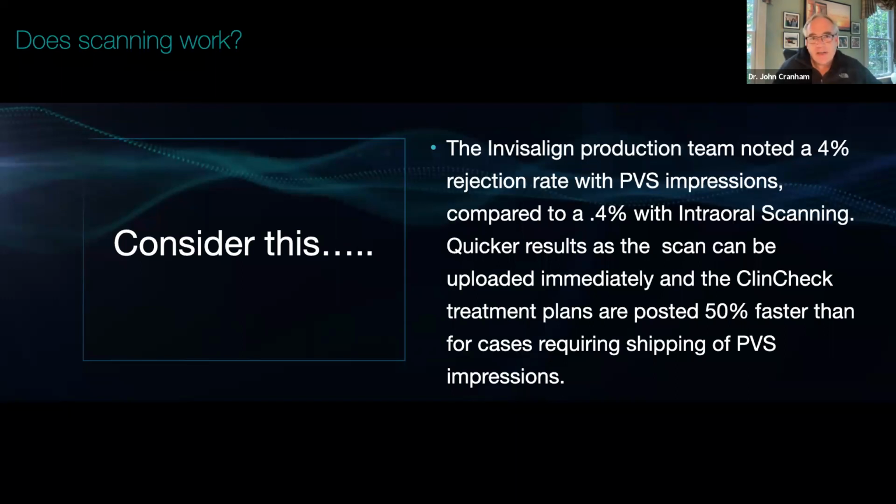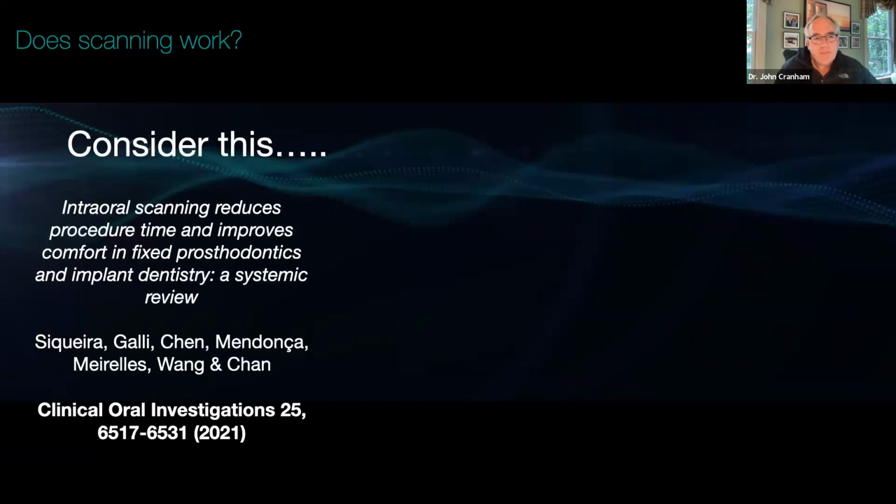So that tells you, that's a company that's trying to accept your scans the best they can so that they can make aligners and bill you. So kicking back 4% is quite a feat. And it also tells you that with just a 0.4% with scanning, that scanning properly is better.